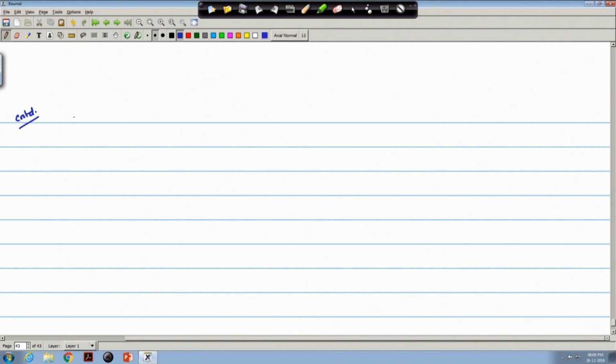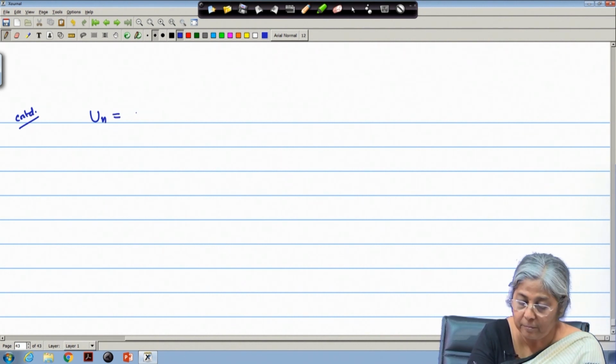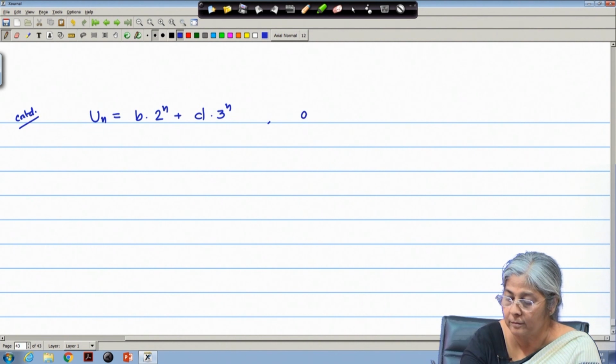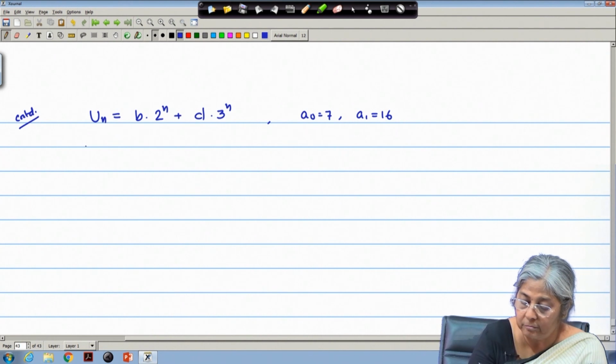Again, if we just write Un equal to B 2 to the power n plus D 3 to the power n, and A0 equal to 7 and A1 equal to 16, we put the values.